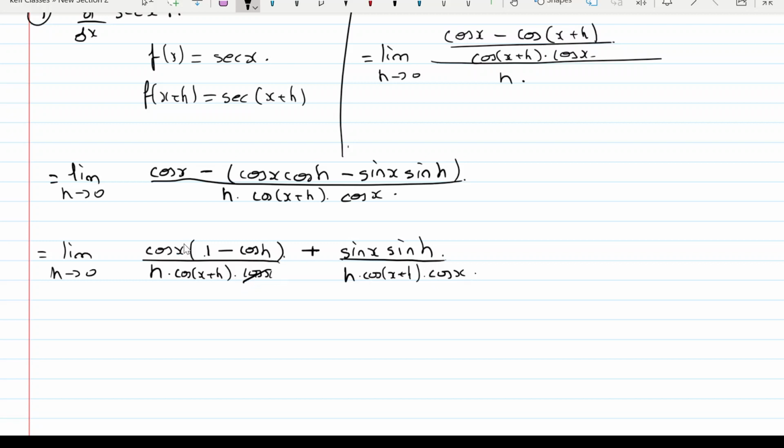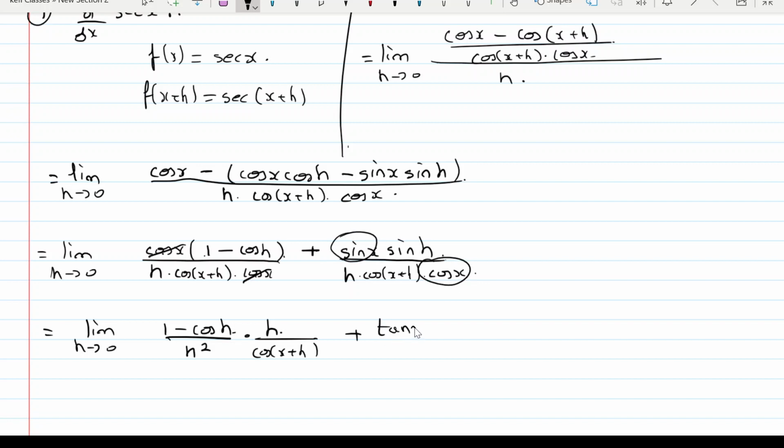So here cos x and cos x cancels, which is equal to limit as h tends to 0 1 minus cos h upon h square into h upon cos of x plus h plus sin x upon cos x makes it tan x divided by cos of x plus h into sin h upon h.